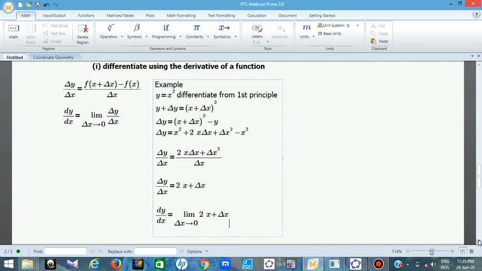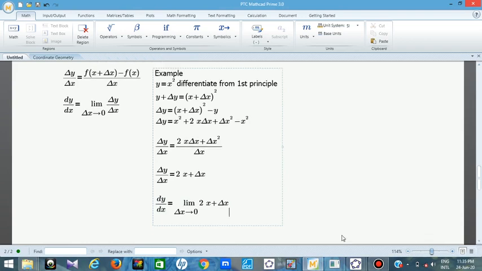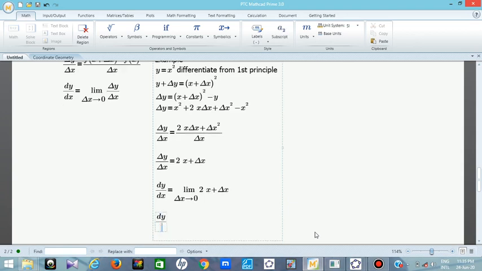So our final answer for this differentiation is dy dx. When you substitute delta x as 0, dy dx will be equal to 2x. So 2x, that is the answer. So this is how you differentiate a function from first principle.